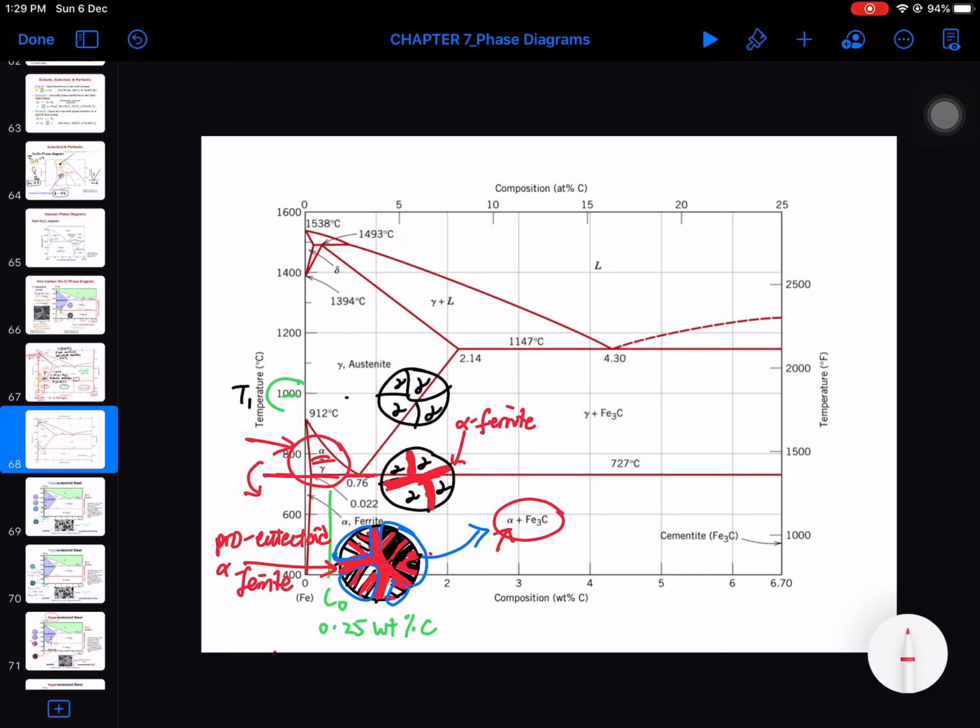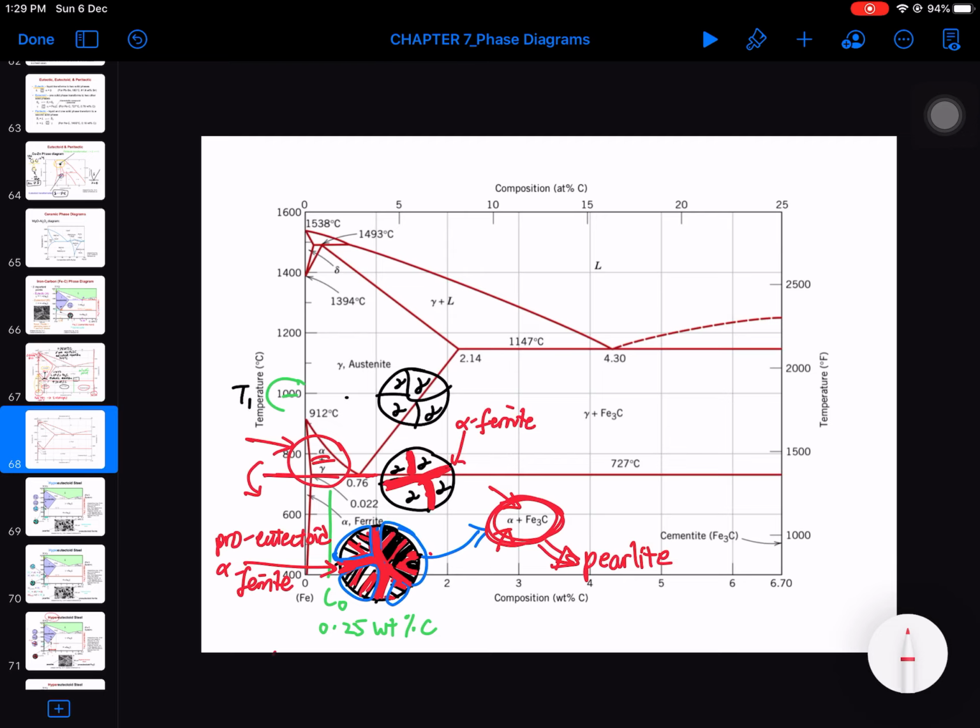The alpha ferrite that exists after you have crossed the eutectoid temperature is given in the lamella structure of alpha ferrite plus cementite. The whole thing here, alpha ferrite plus cementite, has a special name, and it's called pearlite.